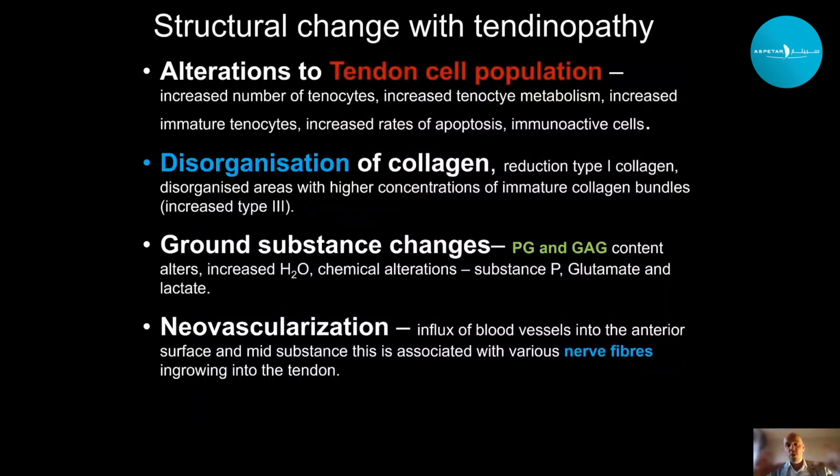So all of this structural change, all of these cellular responses, can be summarized in this one slide, really. We get alterations in the cell populations, the collagen becomes disorganized and less strong, for want of a better term, and the ground substance alters. We get changes in the various chemicals in the ground substance, particularly the lubricant chemicals, proteoglycans and GAGs, and they draw in fluid, and the fluid is essentially edema, which then stretches the tissue and causes further problems as well.